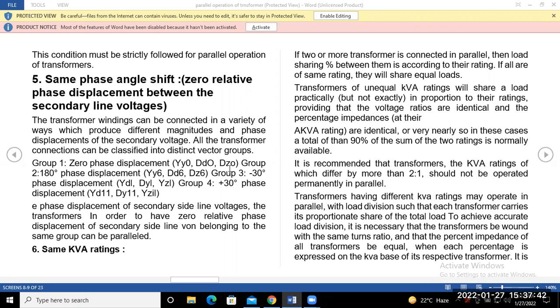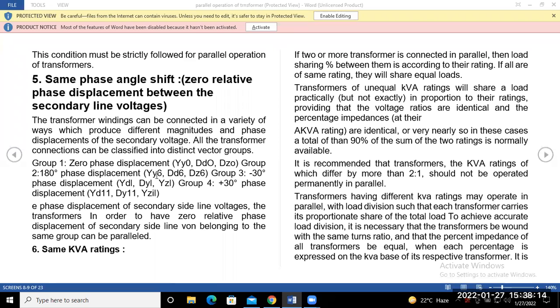And phasor group 2 represents 180 degrees between the primary side line voltage and the secondary side, that means in the opposite direction. 6 means the indicator at 6 and the minute hand at 12, so you will find the phase displacement is 180 degrees in phasor group number 2.